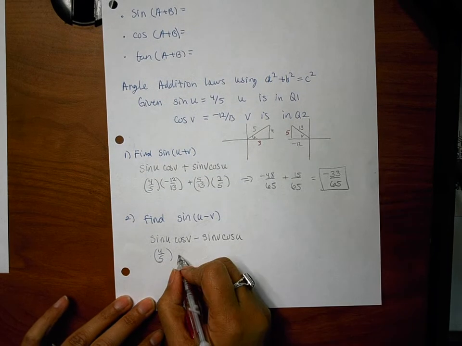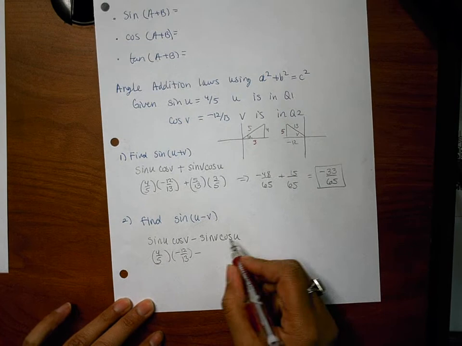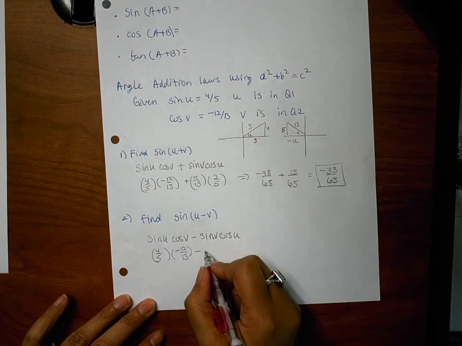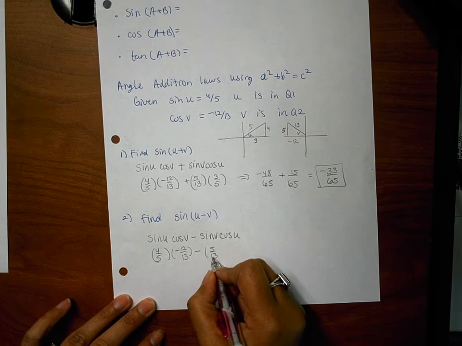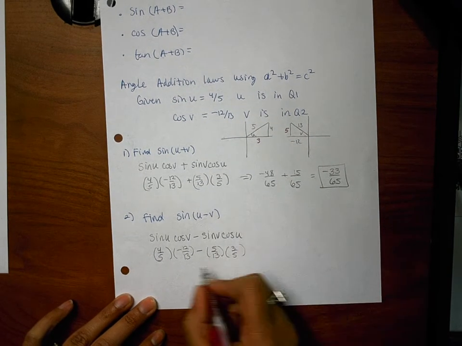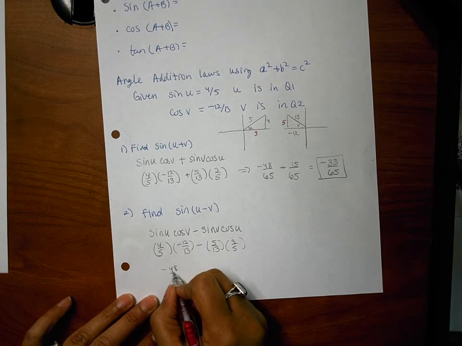Sine of u is 4/5. Cosine of v is -12/13. Minus sine of v, we're on v, sine of v is 5/13, and cosine of u is 3/5.